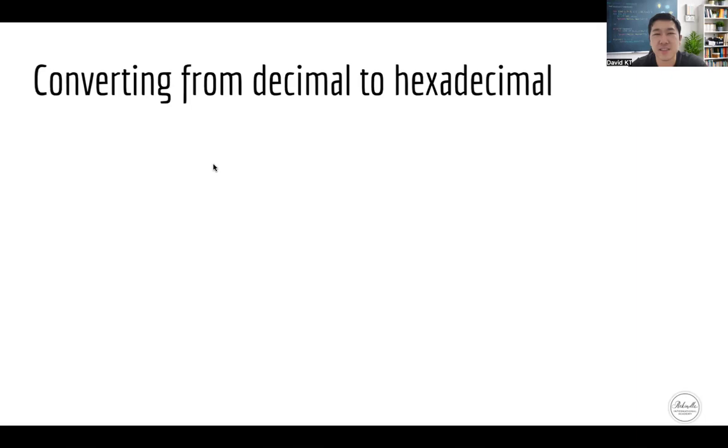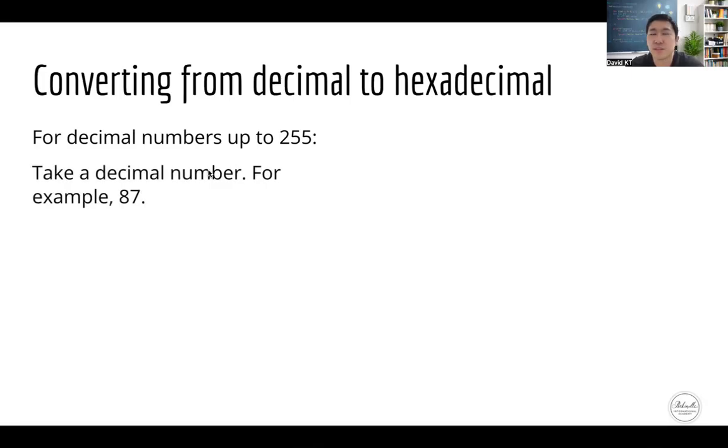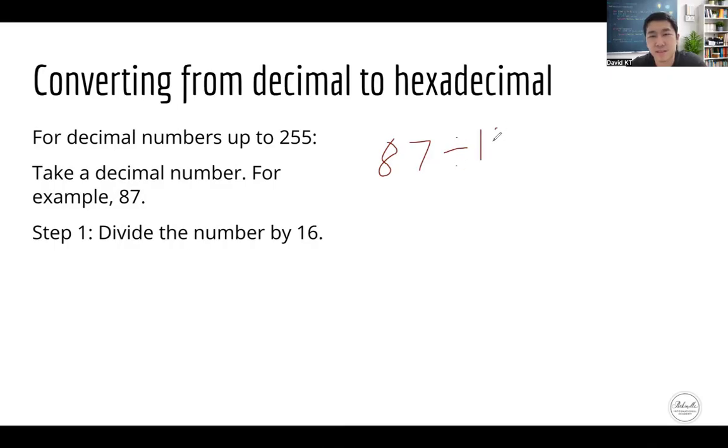So next topic is converting from decimal to hexadecimal. Luckily, this is quite easy. For decimal numbers up to 255, take any decimal number, for example, 87. Divide it by 16. So 87 divided by 16 gives you what?